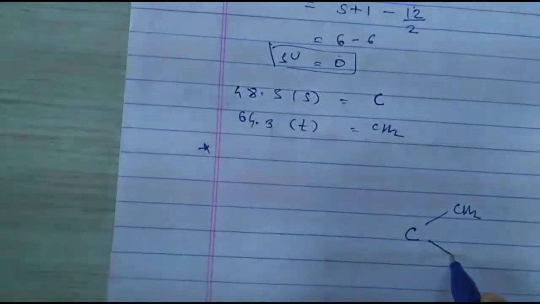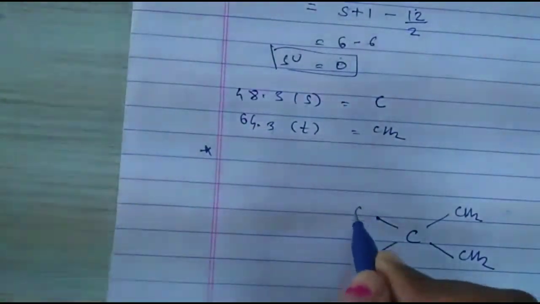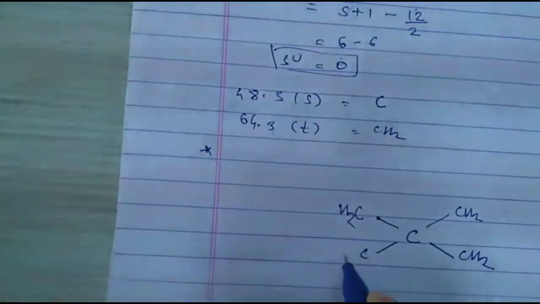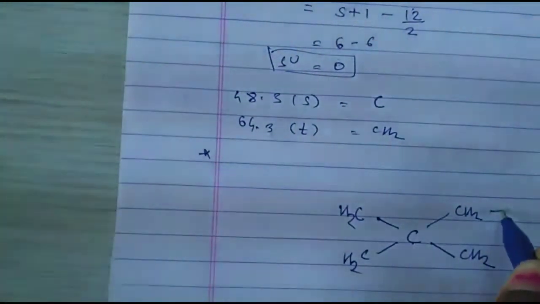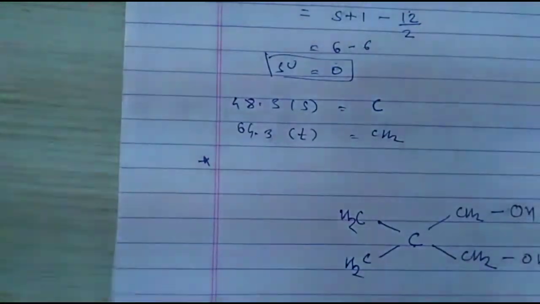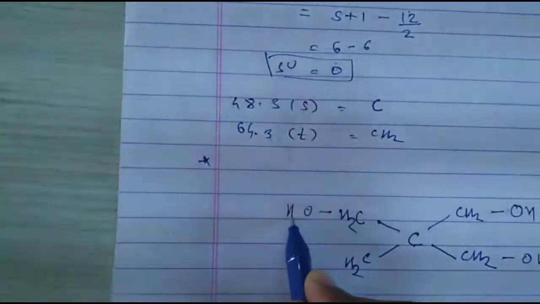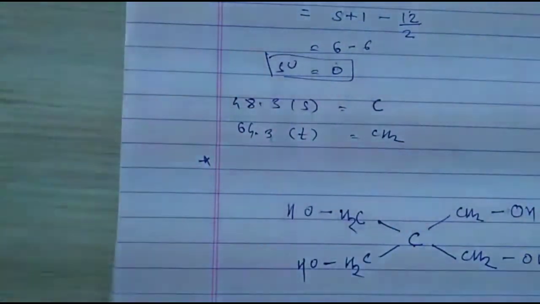The CH2 triplet has the maximum value, which means there are 4 CH2 groups symmetrically attached to a singlet carbon. This CH2 is attached to an electronegative atom, that is OH, because there is no site of unsaturation. That means this oxygen must be the OH type of oxygen.